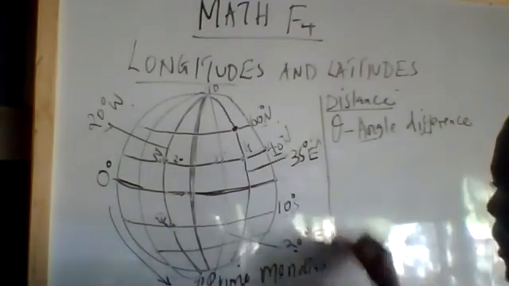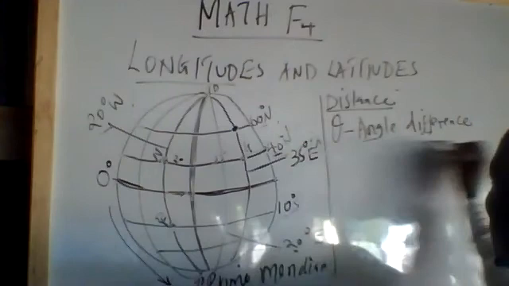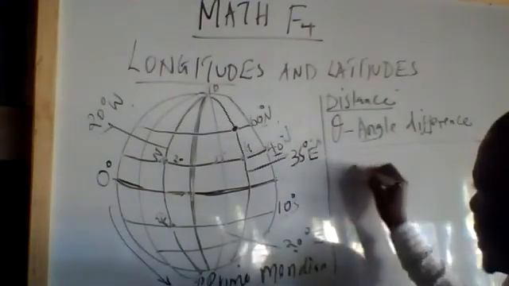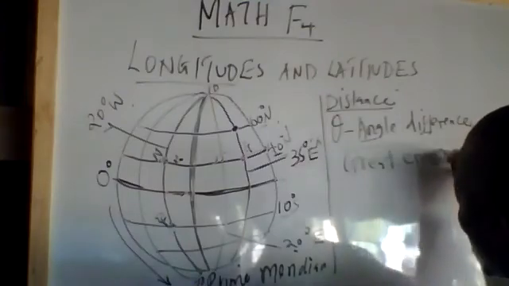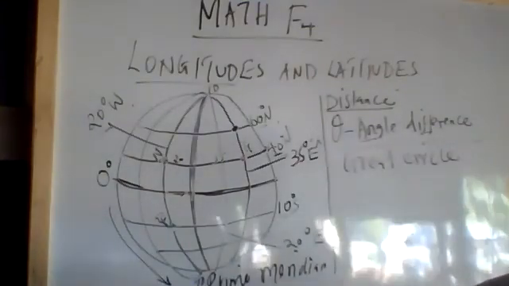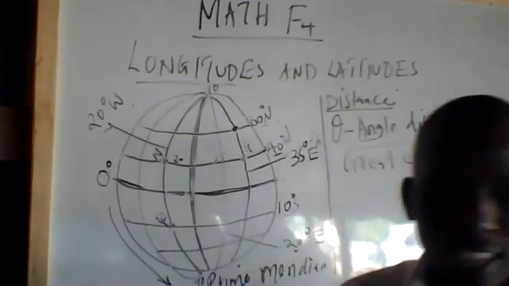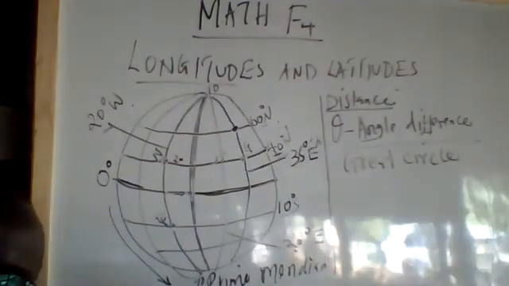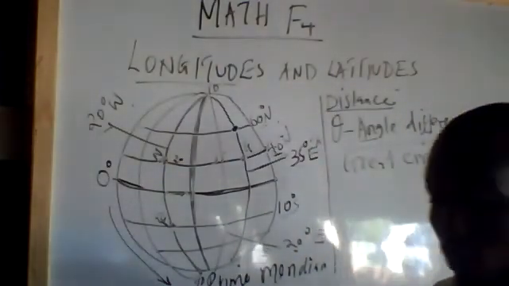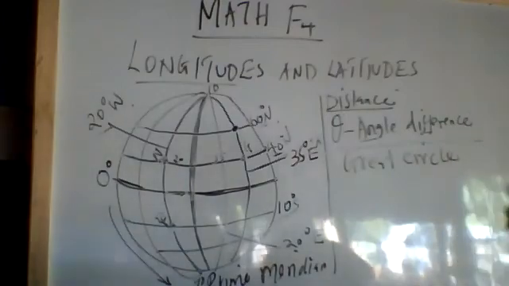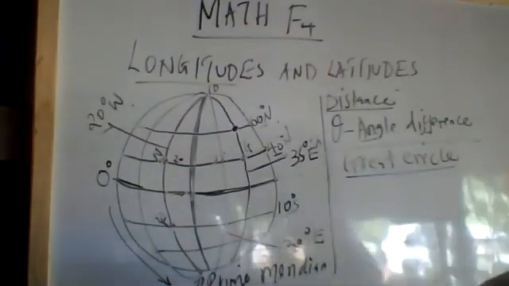Now, the first formula is going to come from a thing which is called a great circle. There is something that we're going to term as a great circle. Now, what are great circles? What is a great circle? That is the first thing we have to ask ourselves. Now, we want to define what great circles are.